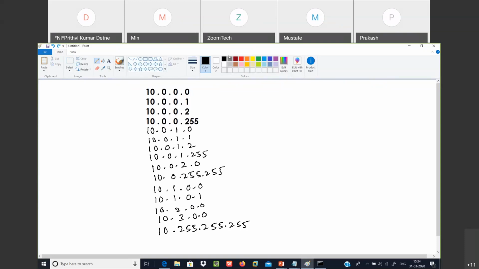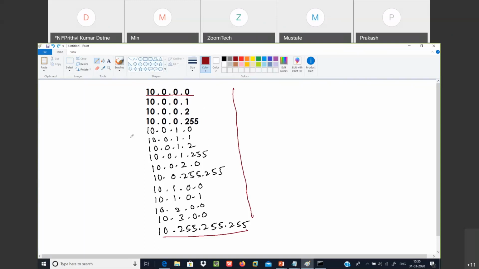Okay, you know what? Between 10.0.0.0 and 10.255.255.255, in total how many IPs are available? The actual IP address count, not in this example. Don't count one by one, 1, 2, 3, 4, not like that.